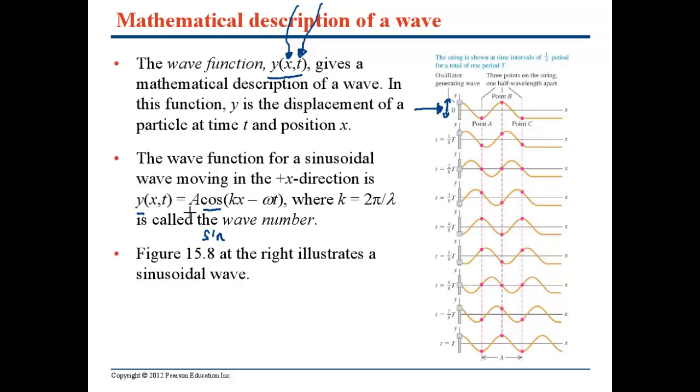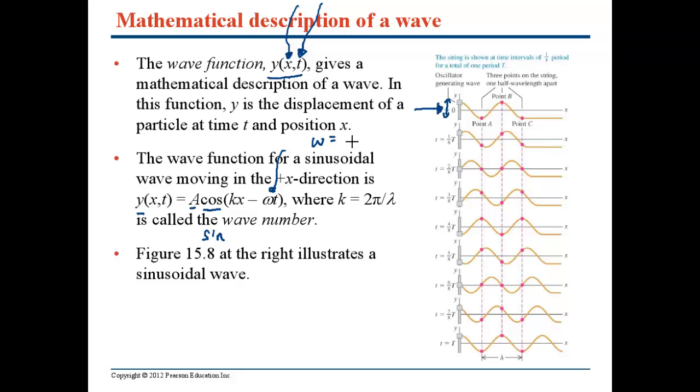The position is equal to the amplitude multiplied by cosine. Cosine varies between -1 and 1, and multiplying it by the amplitude lets us reach any position that we can reach. It depends on omega t, which you're familiar with from chapter 14.